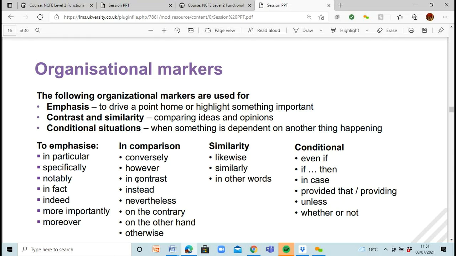Comparison would be like conversely, in contrast, nevertheless, on the other hand. Similarity is likewise, similarly, or in other words. And conditional is even if, in case, provided that, or providing this, unless, and whether we do this or whether or not.